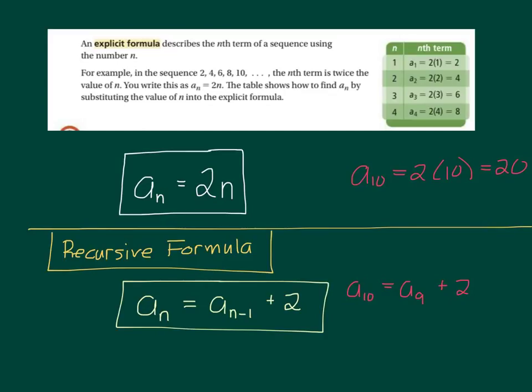The explicit formula, I don't need to know what the ninth term is. The recursive formula, I absolutely have to know what the ninth term is. And that's kind of the difference between an explicit formula and a recursive formula: the explicit formula's expression will be based solely on n, whereas the recursive formula is going to be based on a term before it or multiple terms before it, and n could come up as well.